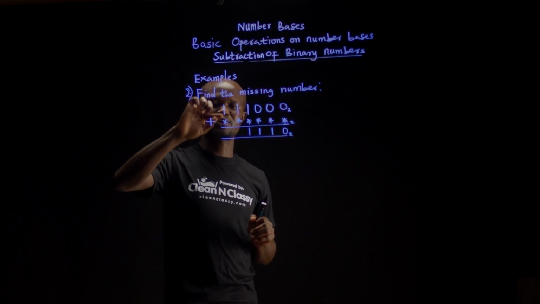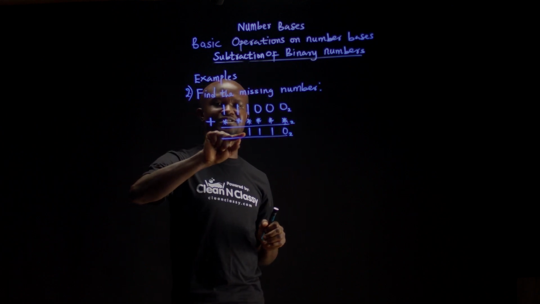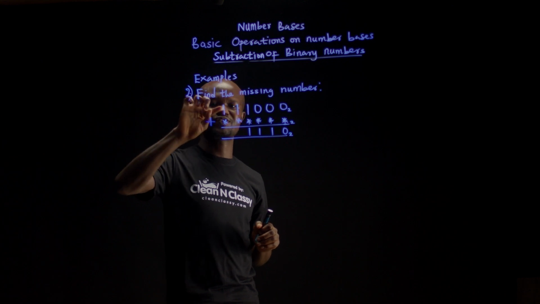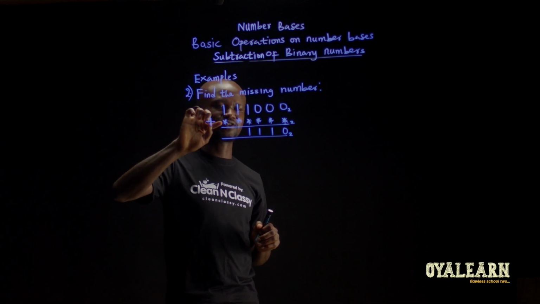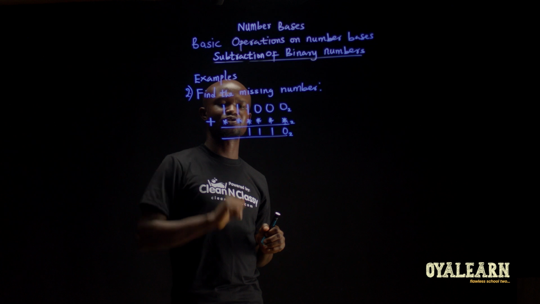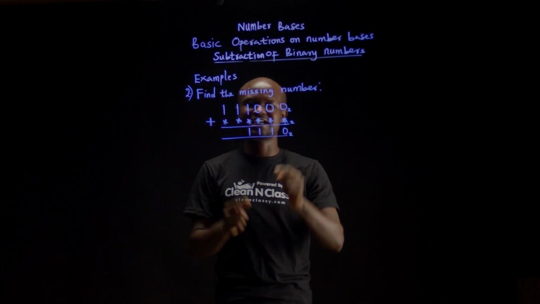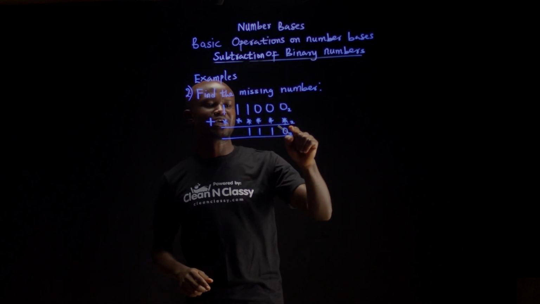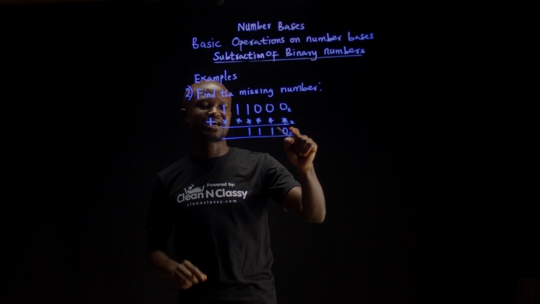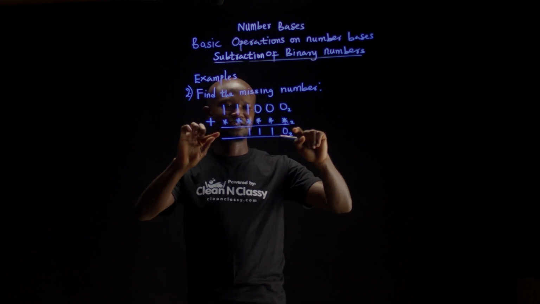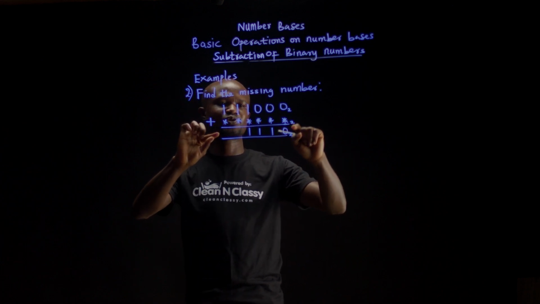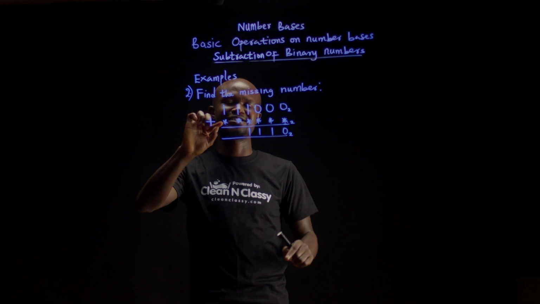So this plus this will give us this. It means the addition of this and this will give us this. So for us to find the missing number, if you take away the answer here, the one at the last row, from this, we are going to get this.